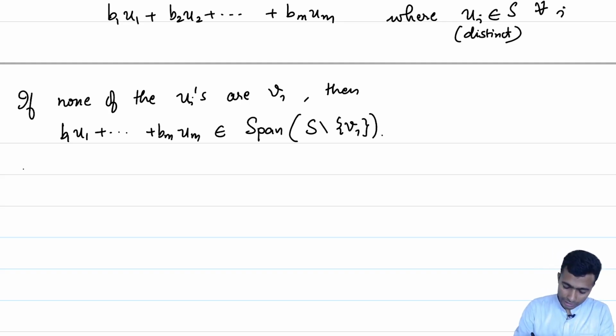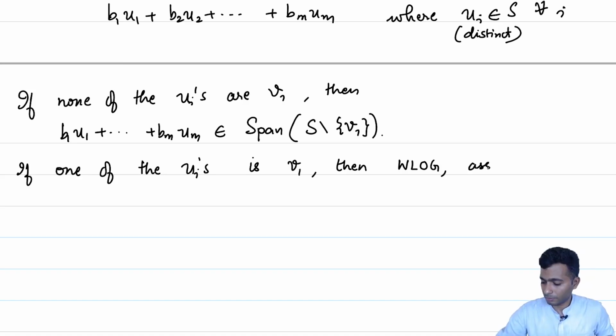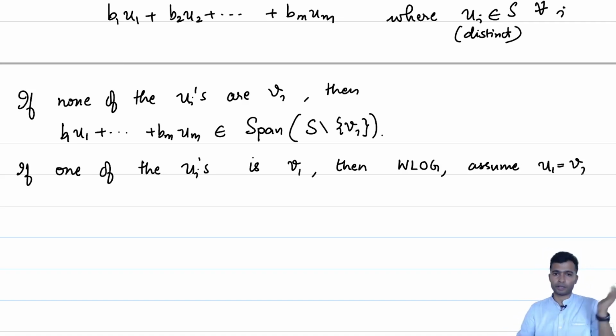Right. So the problem comes if one of them is v1. Without loss of generality again, if one of the ui's is equal to v1, then let me write down in short, without loss of generality, assume u1 is equal to v1 after renumbering if needed of the indices, just like in the previous case.